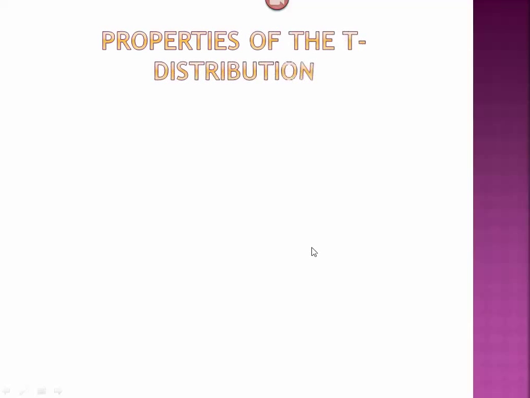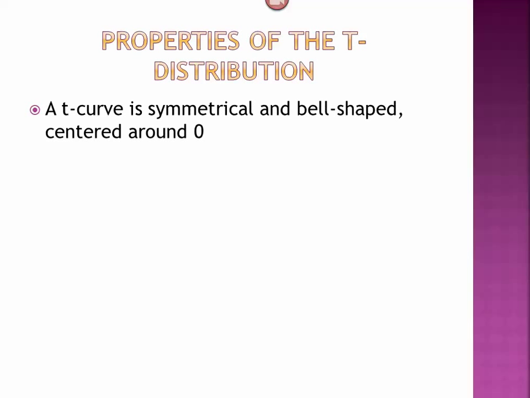Let's talk a little bit about the t distribution. This is a different calculation than we have with z, and in fact the t-curve itself differs from the z-curve in many ways. But it also has a lot of similarities.